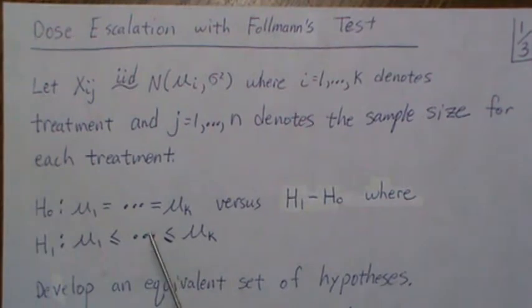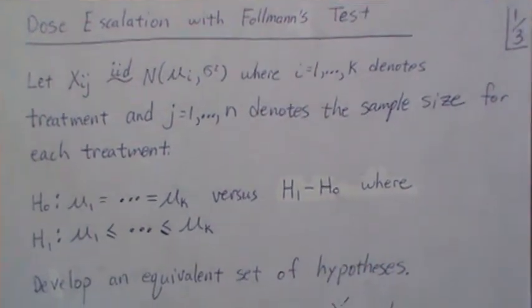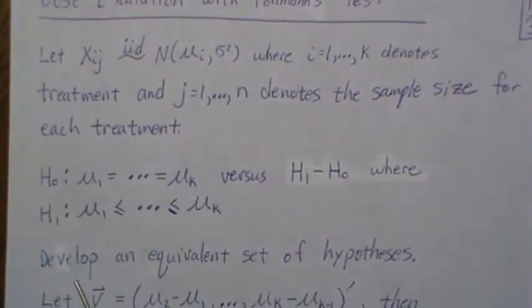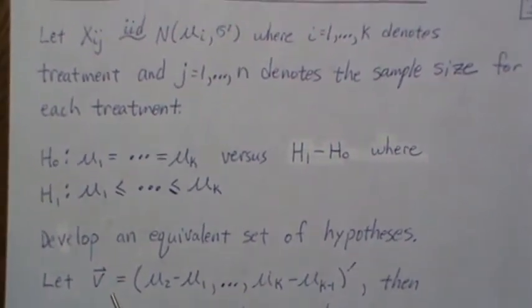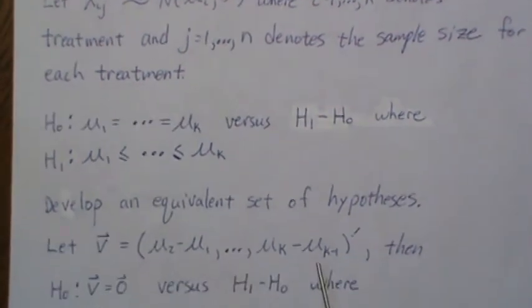What we want to do is develop an equivalent set of hypotheses so we can use Follmann's test to test this. So let the vector v be the mean differences: mu_2 minus mu_1, mu_3 minus mu_2, all the way up to mu_k minus mu_(k-1).